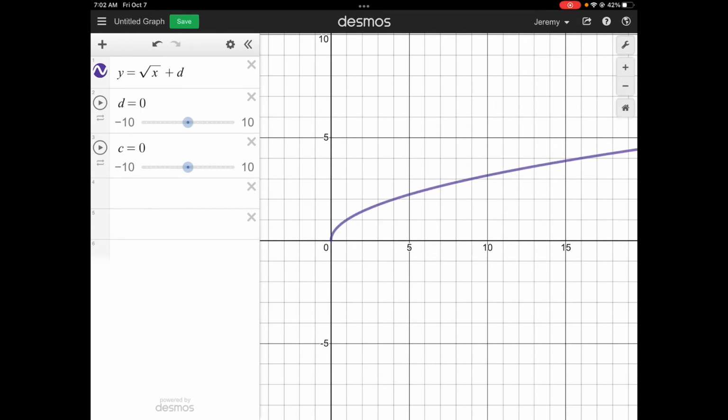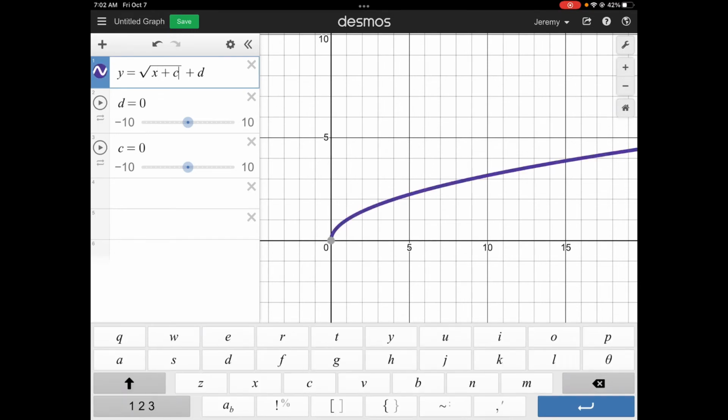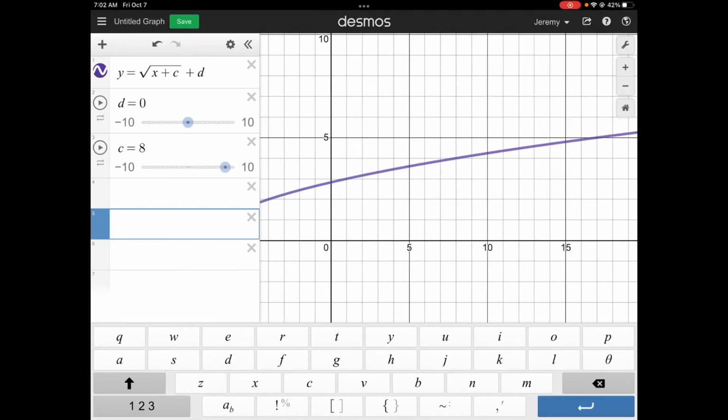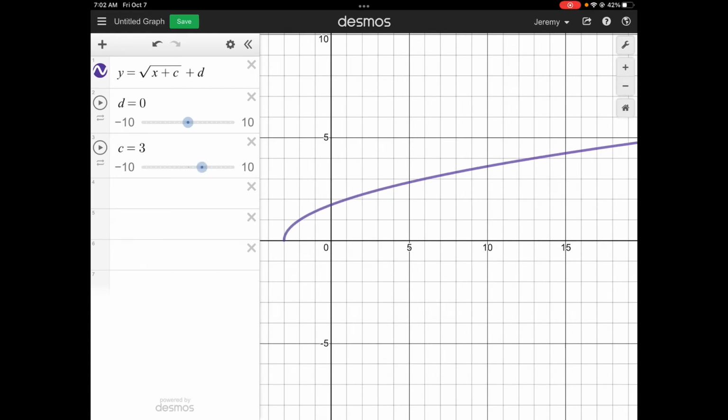So what's happening is all that's changing is the starting point. So let me put back that c in there. So what happens if, let's see what we were looking at again, plus 3 minus 1. If the number inside goes to plus 3 and the number outside goes to minus 1.